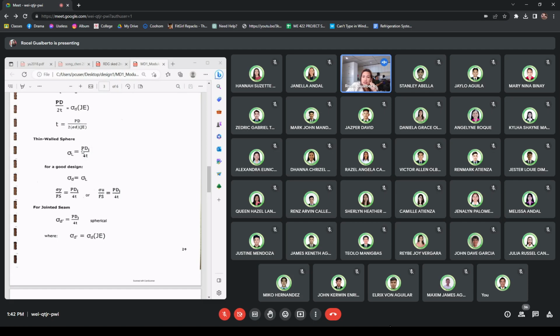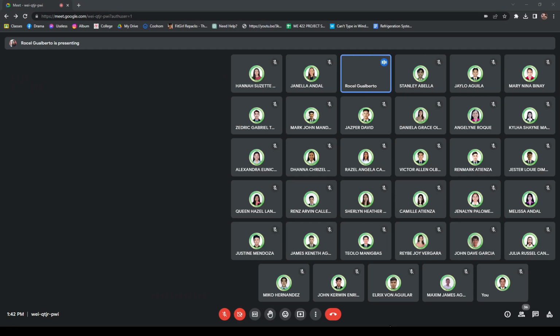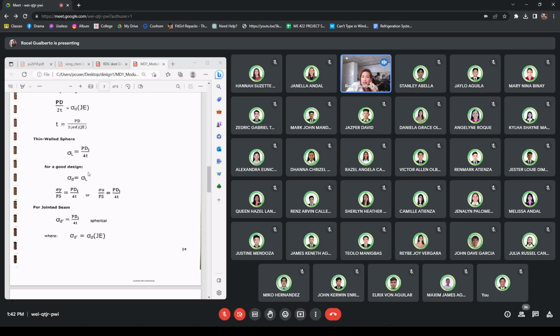So, same nomenclatures po. P for pressure, D is inside diameter, T would be the thickness. Okay? And what you will do is again to equate this to your design stress. Okay? Which can be based on the ultimate strength or based on the yield strength. Okay? So, nagkaiba lang po dun sa atin na induced stress. Okay? Yung sa cylindrical kanina is PD over 2T.